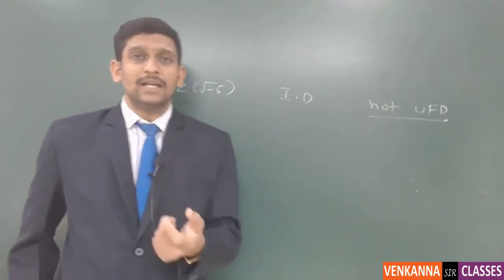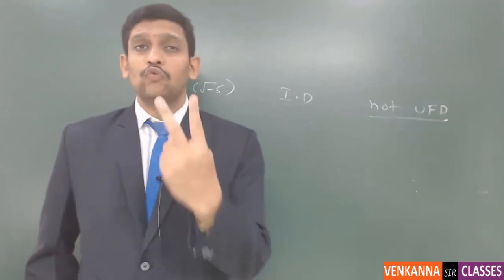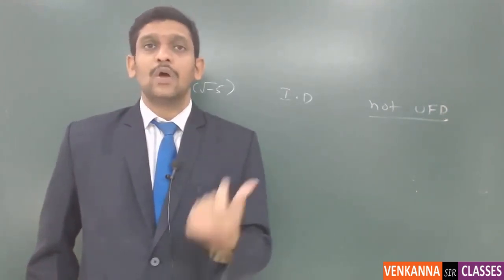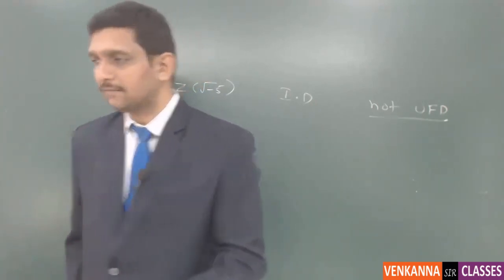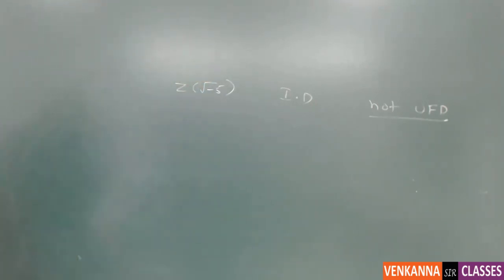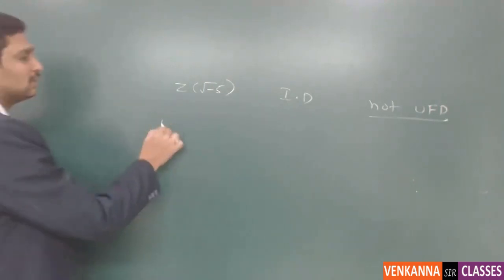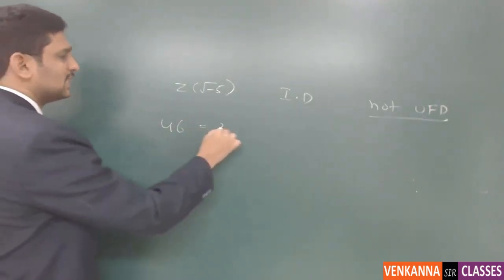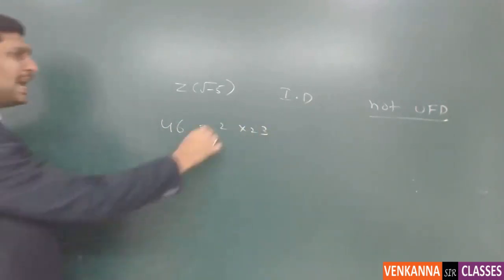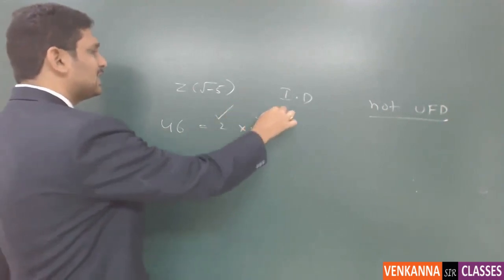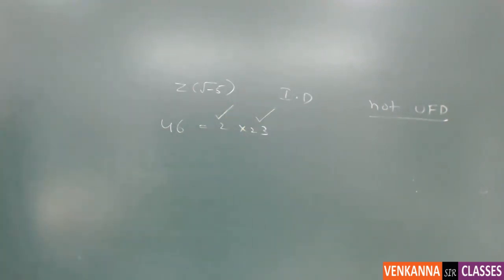If you take an element having two factorizations, then one element cannot be a multiple of the other on the right hand side. That is a practical thing. So here you take 46, this is nothing but 2 into 23. You accept it all? This is an irreducible element. This is an irreducible element. Yes or no? Do you accept or not?